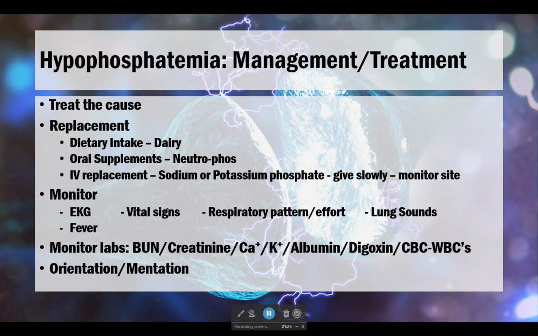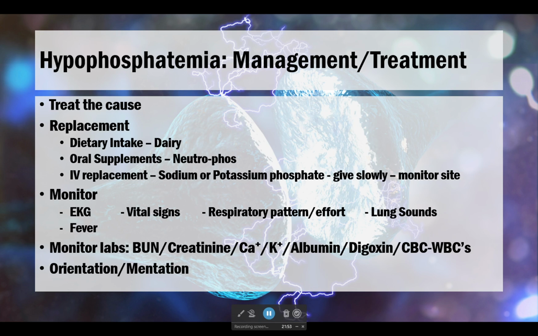Then also albumin, because remember, calcium binds albumin, so we need to be tuned in to what our albumin level is in the context of this hypophosphatemia. Also, we're going to add to this electrolyte a CBC, particularly to monitor WBCs. We want to know if we have adequate white blood cells.